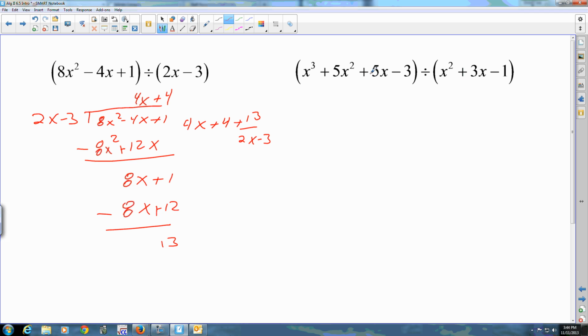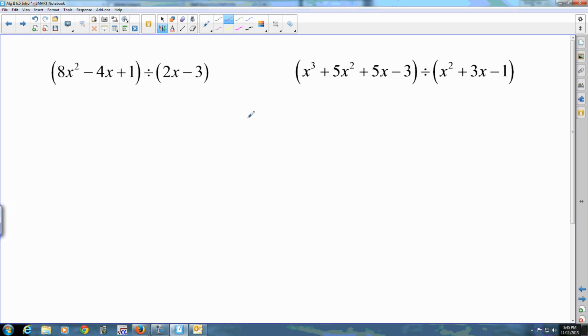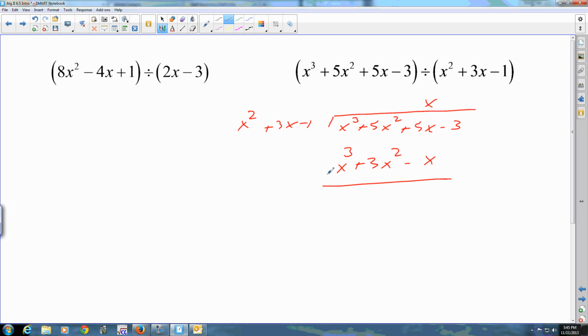Okay? So this is clearly a bigger one. So I've got x squared plus 3x minus 1, dividing it into x cubed plus 5x squared plus 5x minus 3. X squared times what is x cubed? X. X times all that is x cubed plus 3x squared minus x. Change the signs.